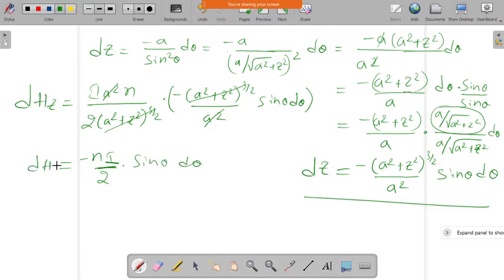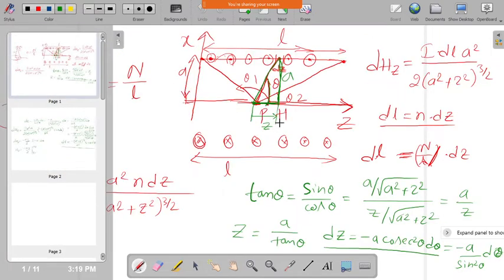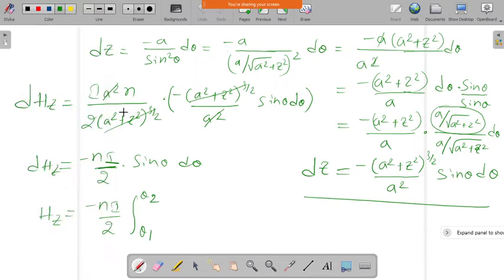Now if I take the integration over theta variation, we will get the z component of the magnetic field intensity, that is minus n I by 2, with variation from theta 1 to theta 2, because we are taking the variation over the whole solenoid: one end is with respect to theta 2, and the other end is with respect to theta 1.